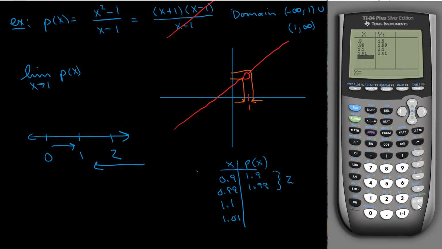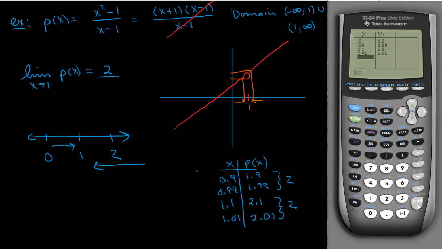Coming in from that side, we have 2.1 and 2.01. Once again, it looks like we're headed to a value of 2. The interesting thing here is coming in from either the left or the right, we're headed to 2, so the value of the limit is actually 2.